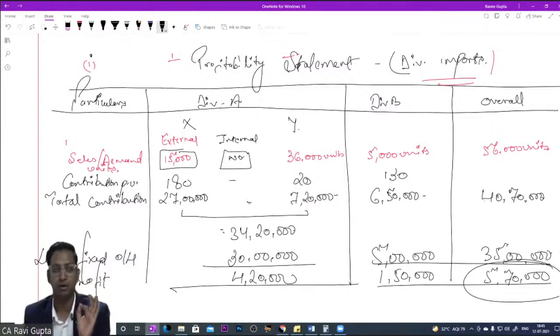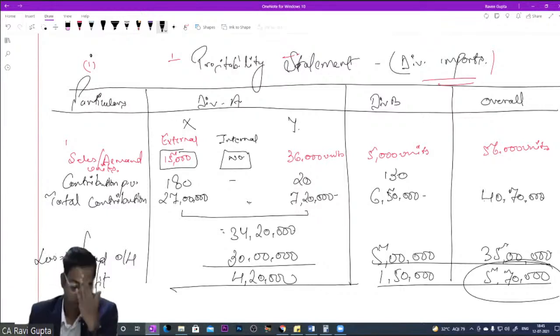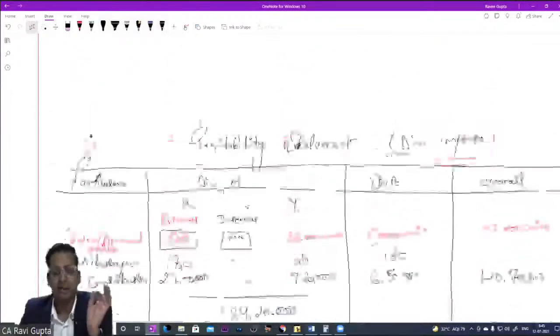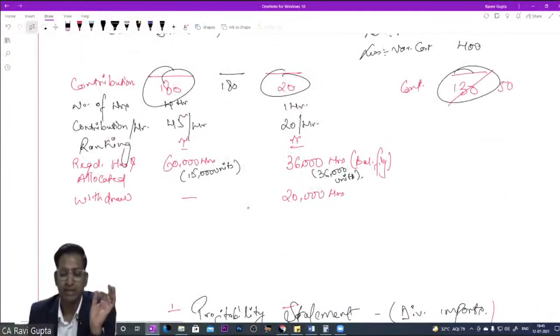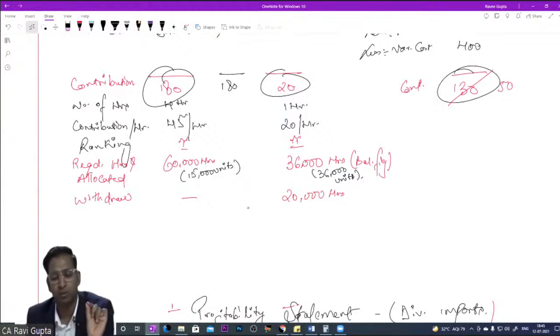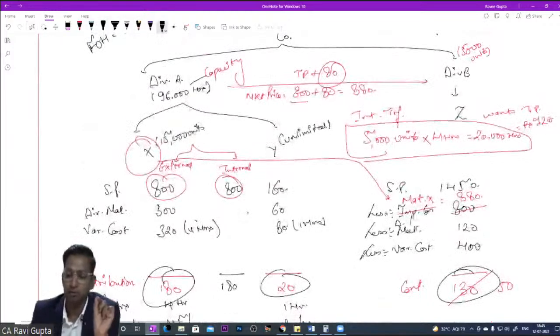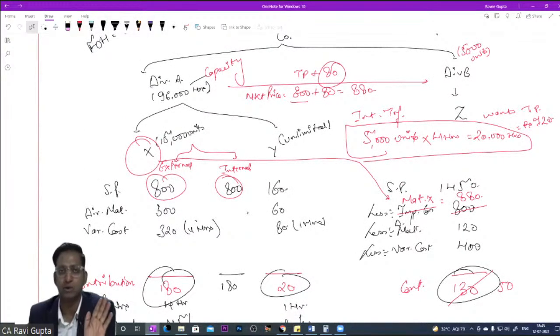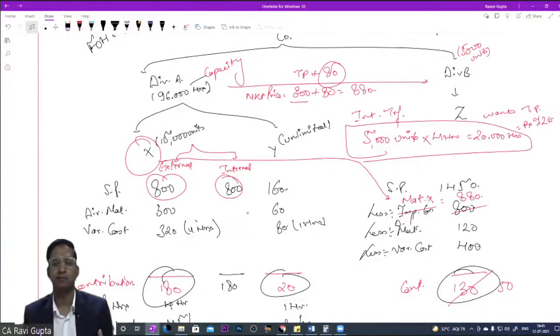When there is an internal demand, we need to withdraw 20,000 hours, right or not? We need to withdraw these 20,000 hours in order to meet the internal demand. We only have 96,000 hours, and whatever we have to produce, we can produce only in these limited hours.